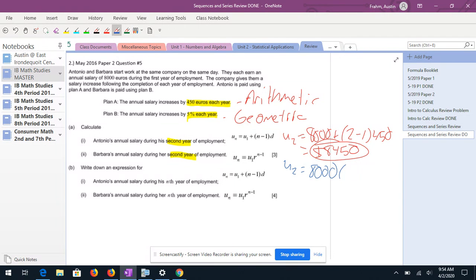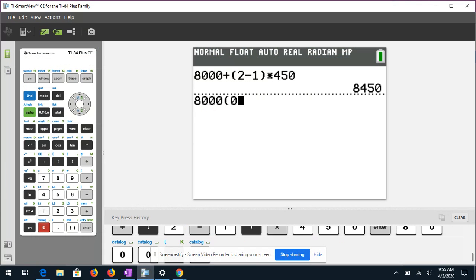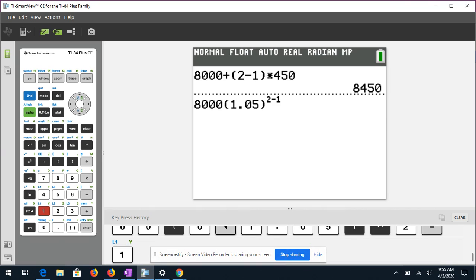And again, since it's increasing by 5%, we need to add that percentage to 1, so it becomes 1.05 to the 2 minus 1 power. So if we type that in, we're going to get Barbara's salary in her second year, which is 8,400.